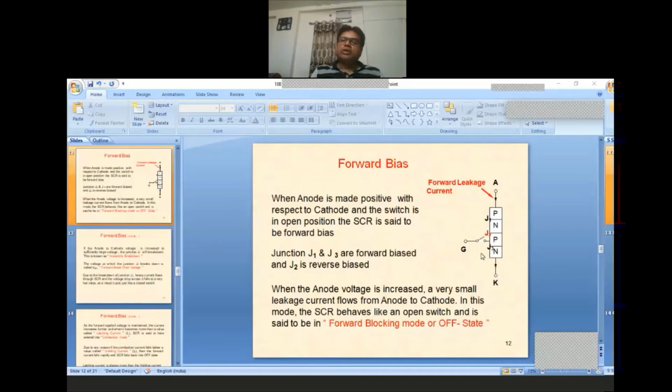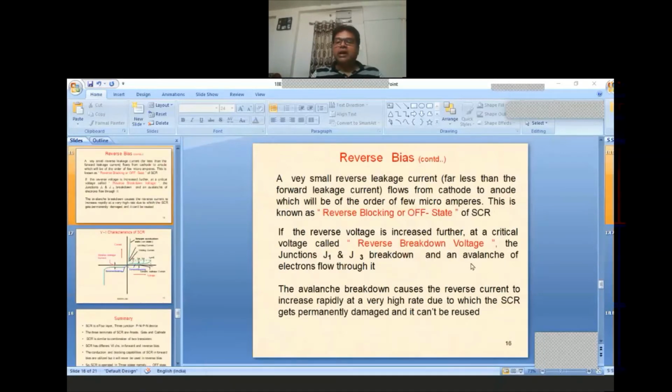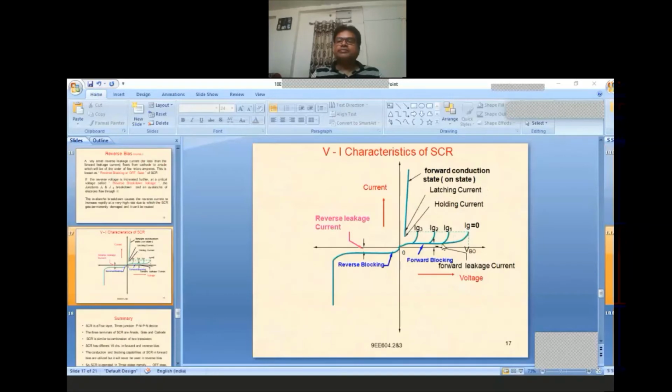And so, in the forward biasing condition, when compared to the previous case where SCR was turned on as if it were a two-terminal device, now when the third terminal gate is given a triggering pulse or positive supply between gate and cathode, it conducts in lesser time and at lesser voltages.